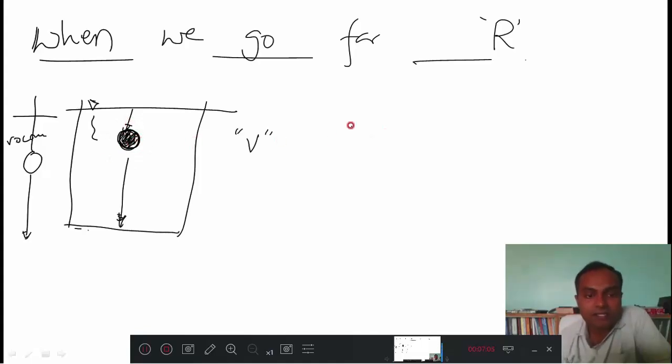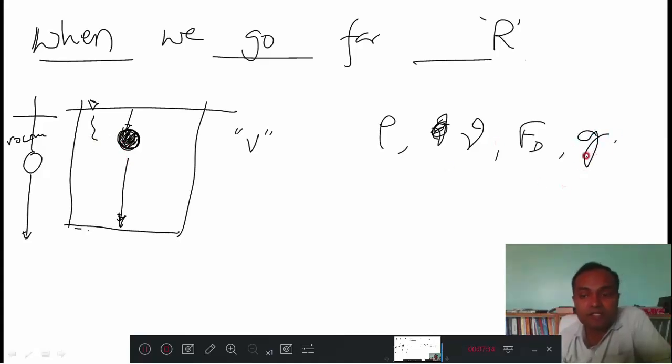Then what are the factors which are resisting the movement of the steel ball? I can say that the density of the water is a parameter which is resisting your movement, and the viscosity of the water is also resisting the movement of the ball, and the drag force is offering resistance. Gravity is not resisting, but supporting the movement.